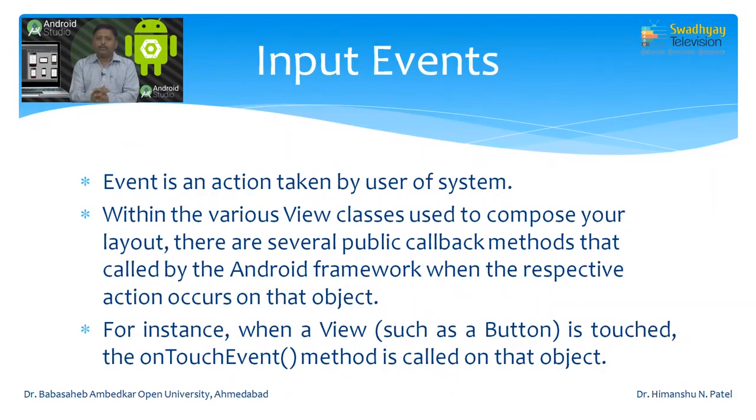Within the various View classes used to compose your layout, there are several public methods that are called by the Android framework when the respective action occurs on that object. For example, when you click a button, it creates an OnClickListener interface. So, the interface is used to handle this event. When a view, for example a button, is touched, the onTouchEvent method is called on that object.